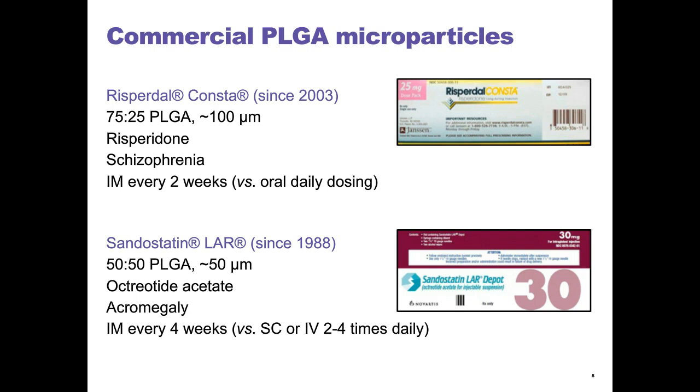PLGA microparticles containing octreotide acetate are administered intramuscularly every 4 weeks, whereas the non-encapsulated drug needs to be administered subcutaneously or intravenously 2 to 4 times daily. It is clear that encapsulation of a drug in PLGA microparticles can drastically prolong its therapeutic effect.